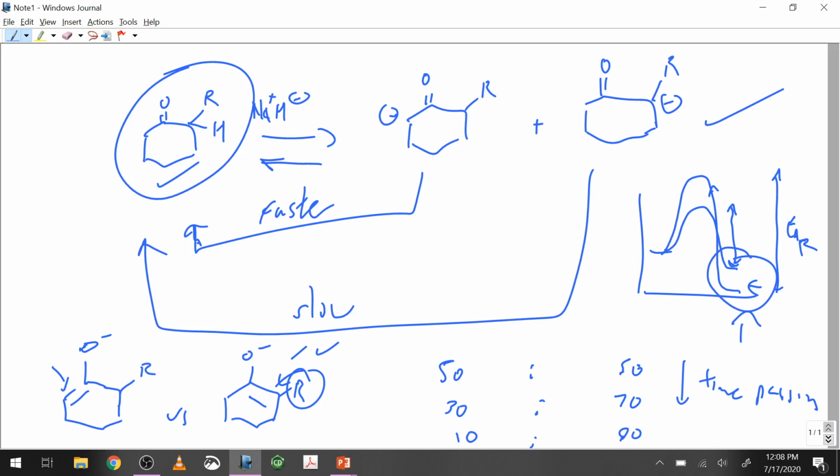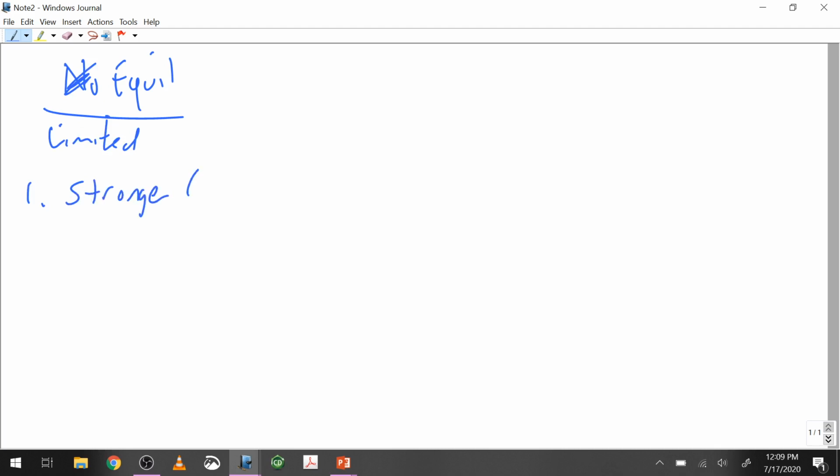If I don't want equilibration, or let's say limited, what I want is, one, a stronger base, two, I want lower temps, so there's less energy in the system.